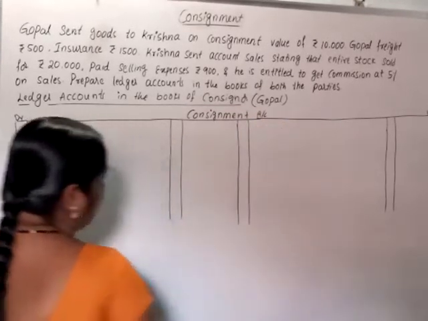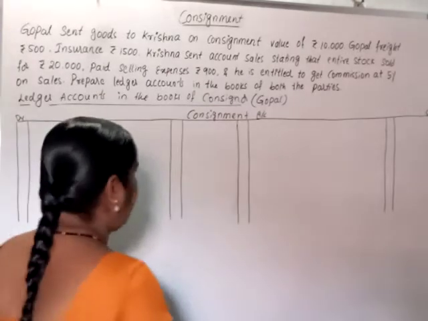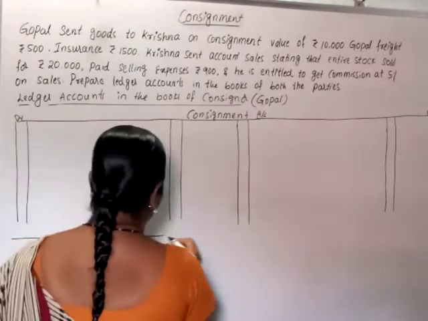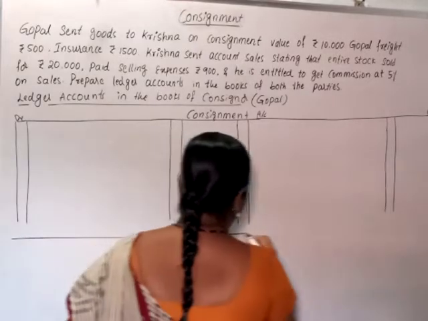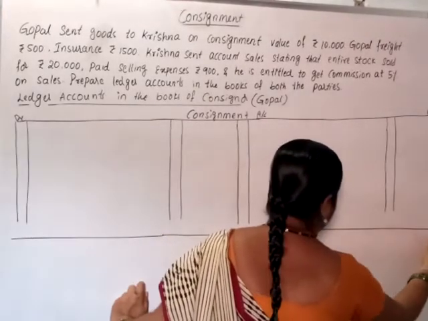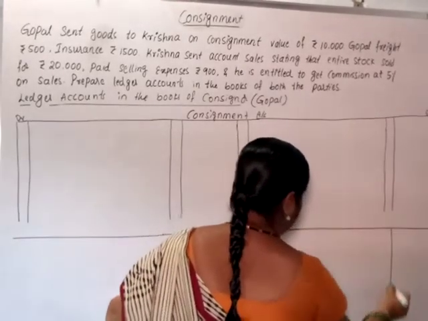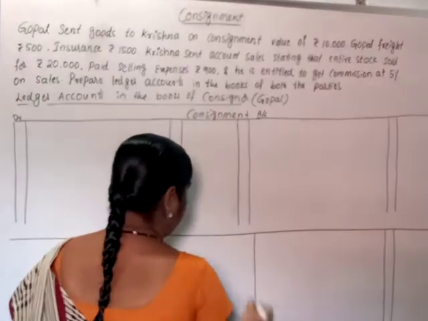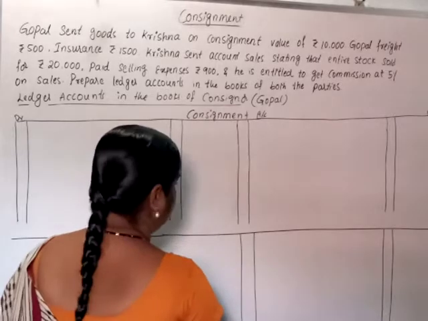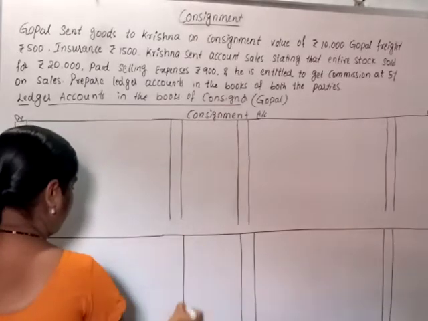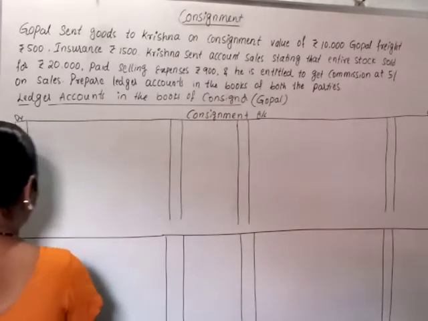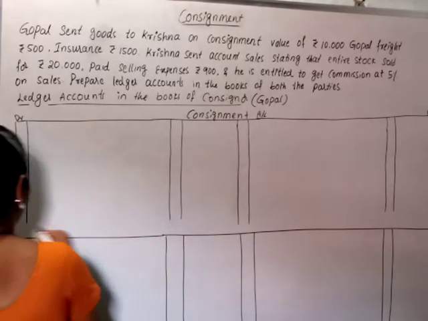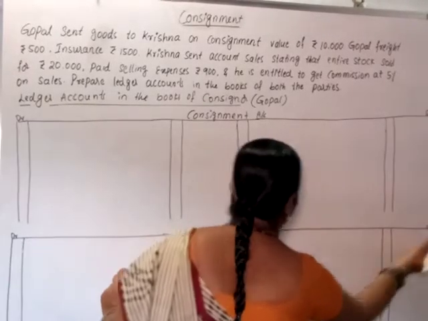And again I am preparing the consignee account also. So here draw the consignee account. Write debit side and credit side.